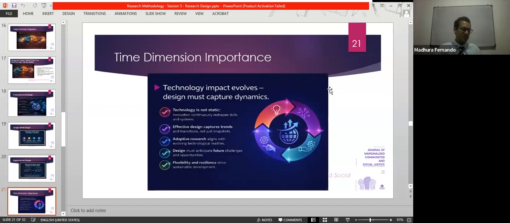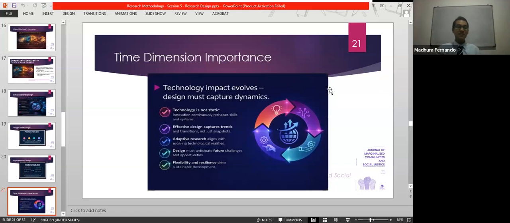You have just the hand lens, and you have every type of lens. You have the camera. So there are different utilities. You use everything to capture what is around you. So that is the very important utility of research design. The most important utility of research design.